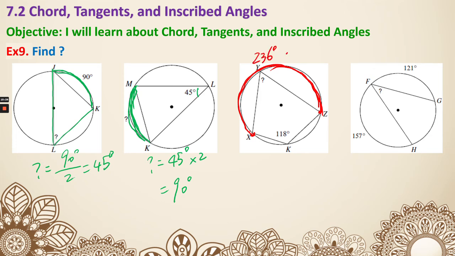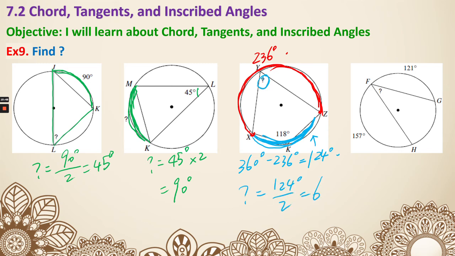And if you look carefully, the arc that we labeled and this leftover arc make up 360 degrees. So 360 minus 236 gives us 124 degrees. So this arc is 124. Now the question mark is facing this arc, so the question mark would have to be 124 degrees divided by 2, which is 62 degrees.